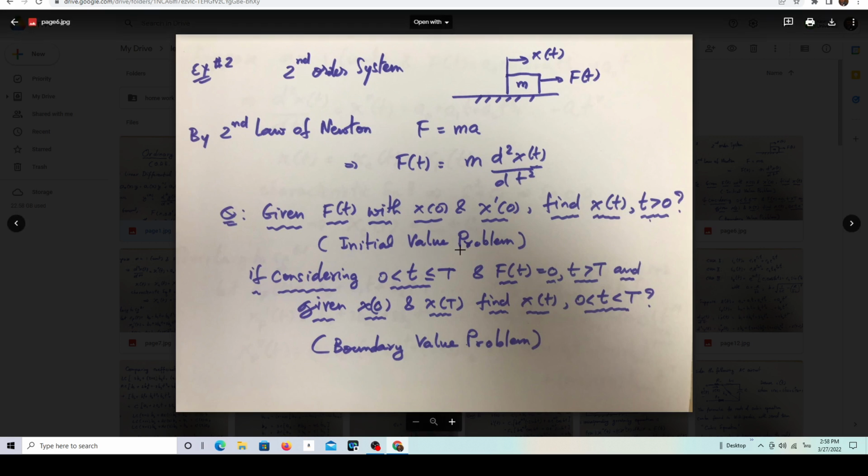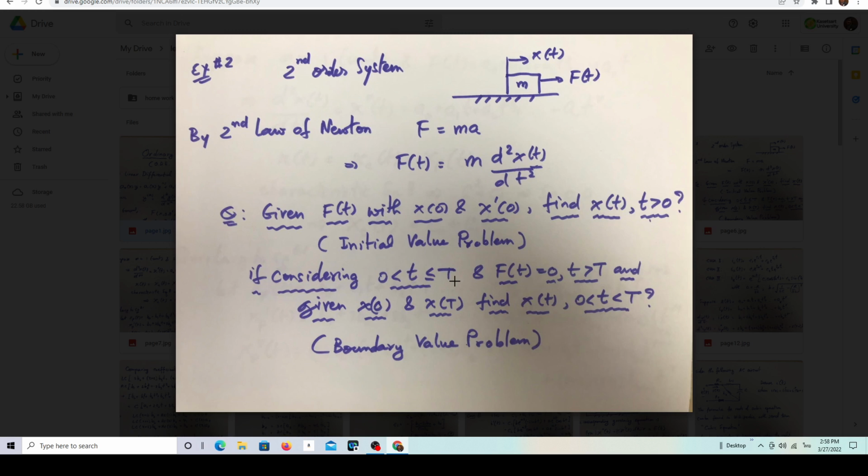An initial value problem means you give a sufficient number of initial conditions so that you can derive a complete form of the solution function you're looking for.